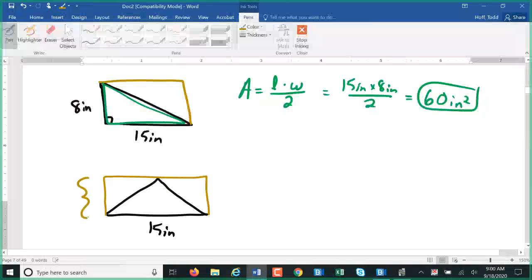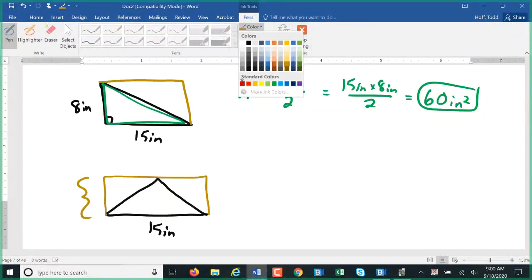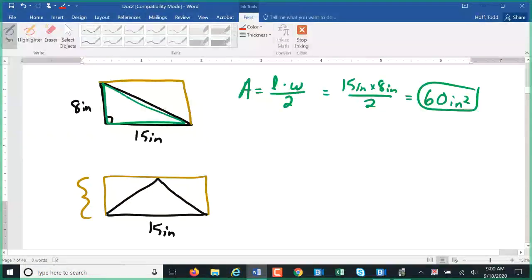I need to know the width or height of that rectangle. Well, from the triangle, the dimension that gives us that width is the distance from this opposite corner, or opposite vertex, back to that base that we knew, the 15 inches, measured at a right angle. That's what that little red box means there. It's a square corner, a right angle.